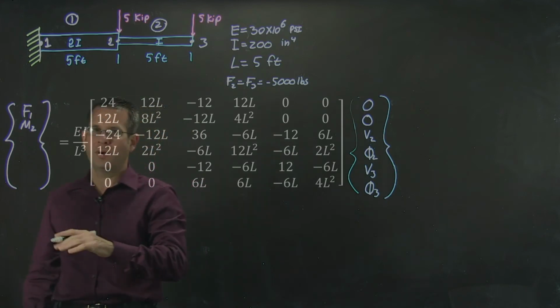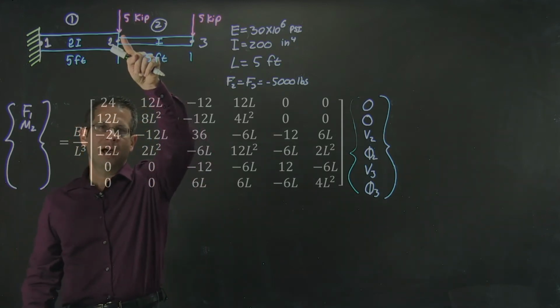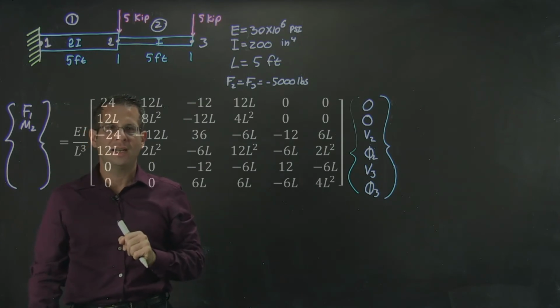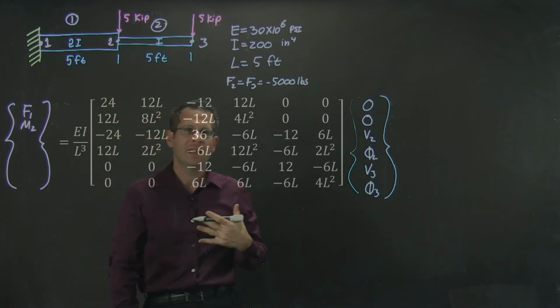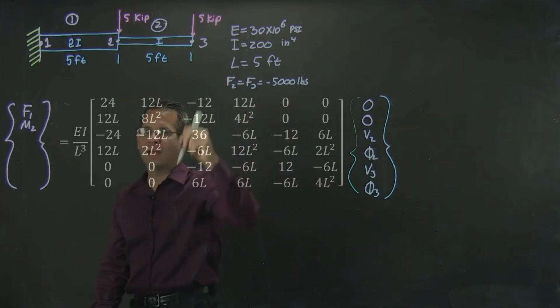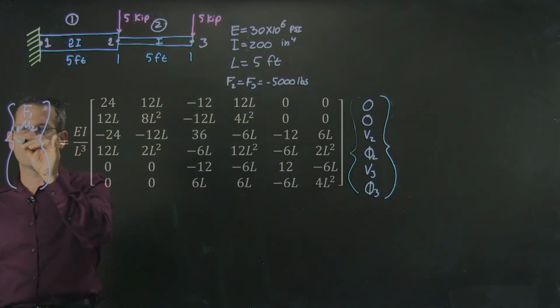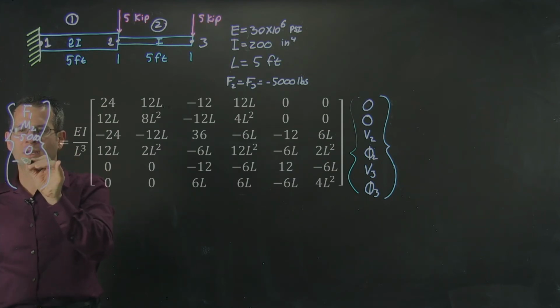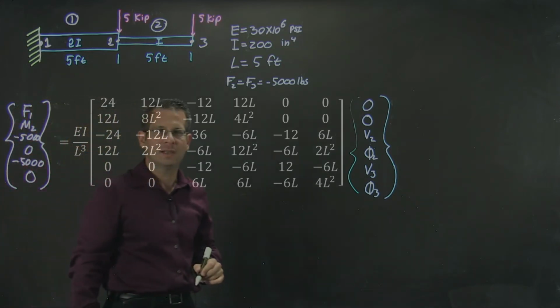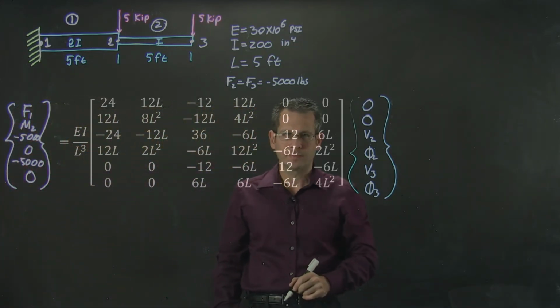I do know that the forces applied at node 2 and node 3 are both negative 5,000. And since I wasn't given any information about applied moments at 2 and 3, I will assume that they're 0. So I will get negative 5,000, 0, negative 5,000, 0 to complete my force vector.